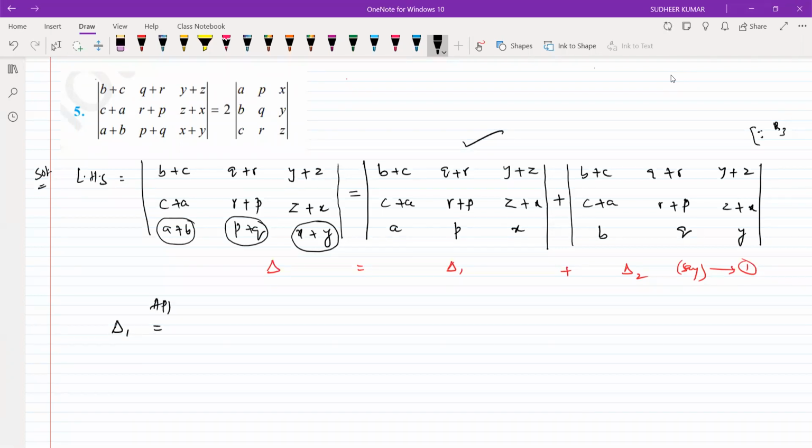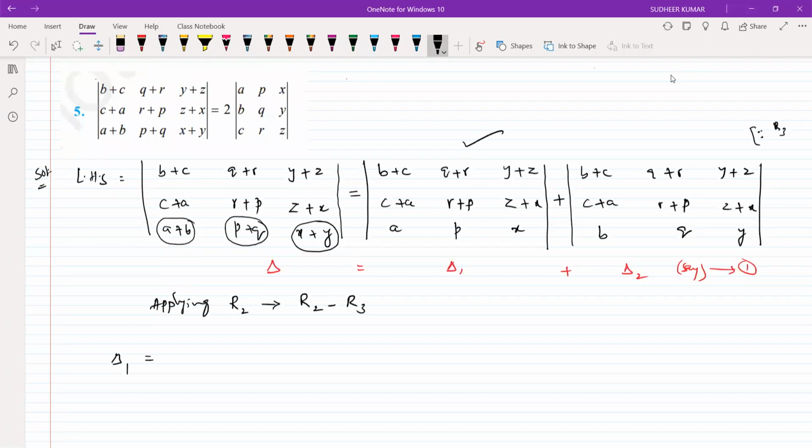So let us use this operation, applying R2 changed as R2 minus R3. Is there any use of doing it? Why we are applying this? To eliminate one term, sir. Yes, that's it.